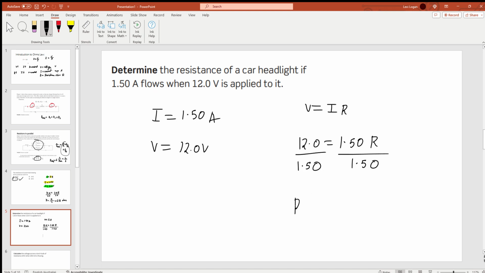So therefore R is going to be 12 divided by 1.5. You'd plug that into your calculator, 12 divided by 1.5, and that's going to give you 8. Now don't forget the units here, ohms. And that's it.